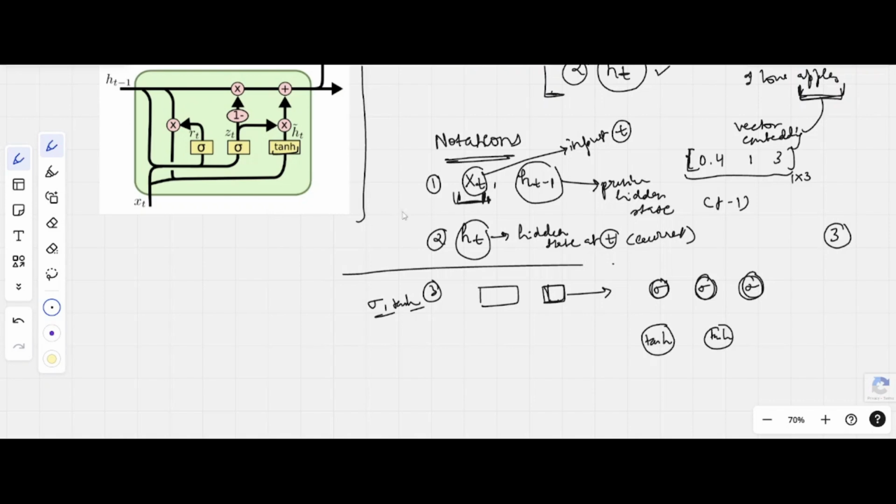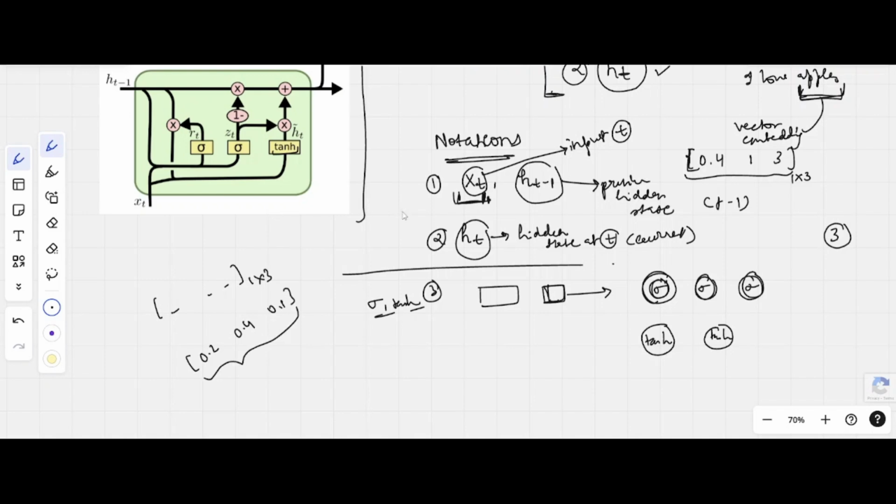And as I told you in the LSTM video, this sigmoid function decides how much percentage of the information should pass, right? So let's say you have this as your information, a 1 cross 3 vector, and let's say your sigmoid function gave values like 0.2, 0.4, 0.1. So what does this mean?